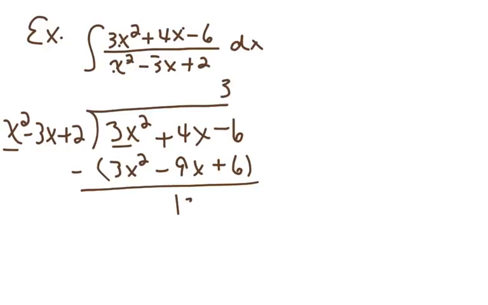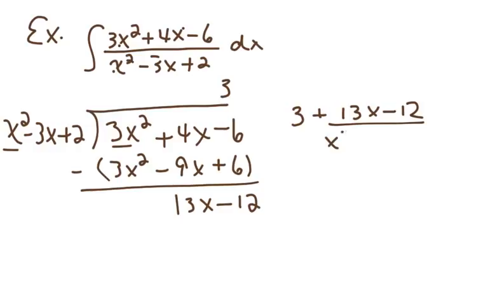When I subtract that, I get 13x minus 12. That's my remainder. So here's my easy to integrate polynomial, just simply 3, and the rational function is 13x minus 12 over the divisor of x squared minus 3x plus 2.